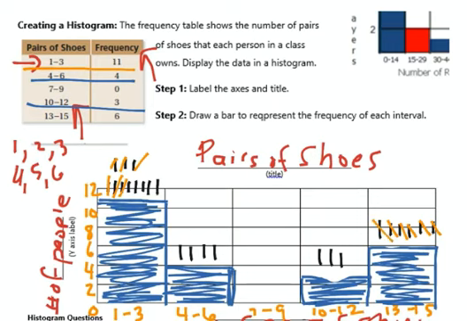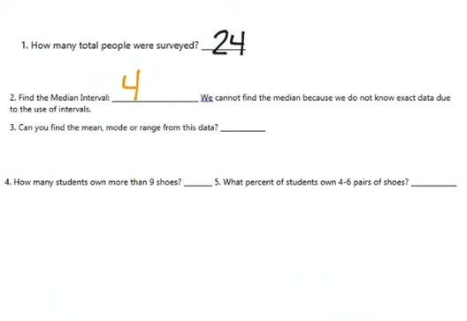You're going to do this, crossing off 1 each time until there is only 1 or 2 left in the middle. So we see that we end up in the interval 4 to 6, so the interval 4 to 6 is our median interval.